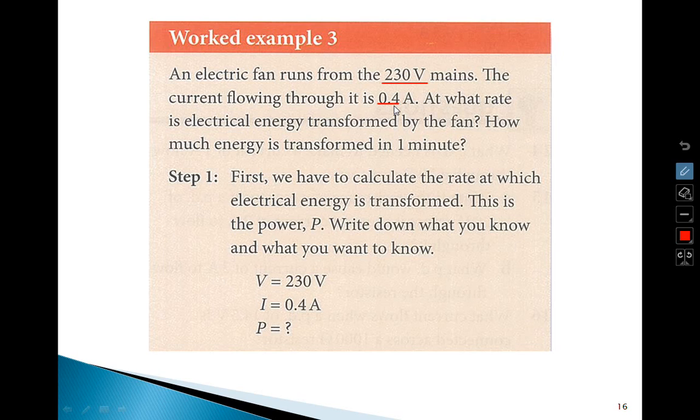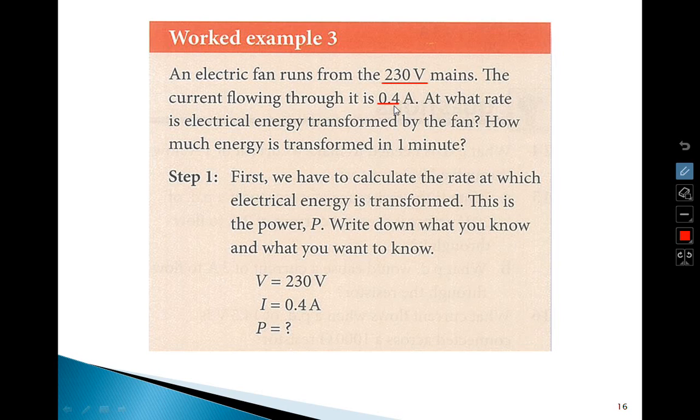At what rate is electrical energy transformed by the fan? This is the first question. How much energy is transformed in 1 minute? First step, we have to calculate the rate at which electrical energy is transformed.